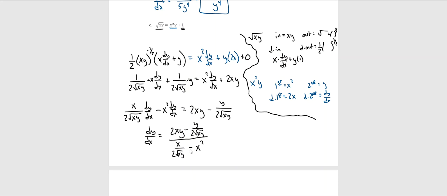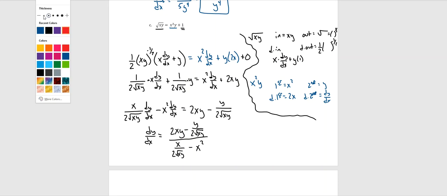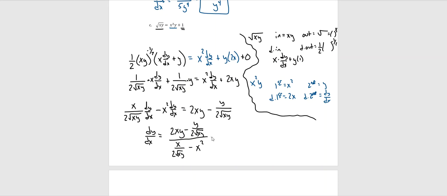Now, this could absolutely be simplified, and I would probably simplify it as such. I would multiply both the numerator and denominator by 2 square root of xy. It'll cancel here, but it still gets multiplied times the first one.